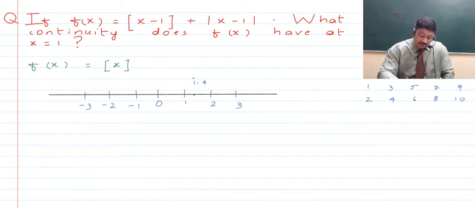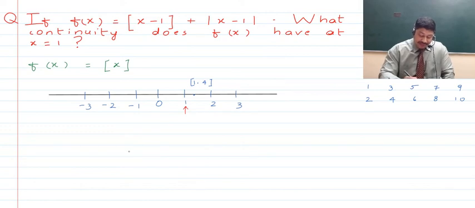Now if we talk about the greatest integer of this number, then like I told you, the greatest integer of a number is going to be the integer which is closest to it and on the left hand side of it. If you talk about the closest integer to 1.4 on the left hand side of it, then obviously that is going to become equal to 1.